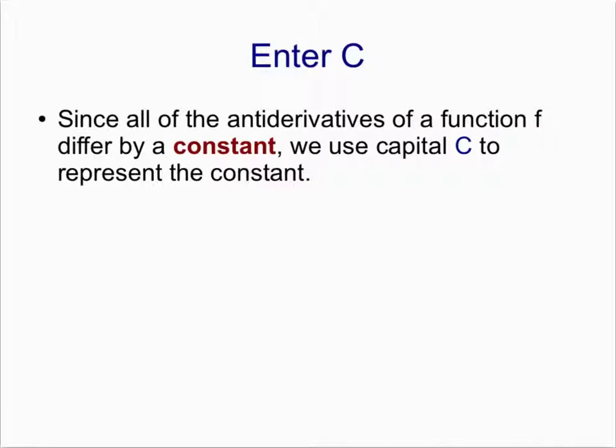So this is where the letter capital C comes in. Since all the antiderivatives of a function f differ by a constant, we're going to use capital C to represent that constant. So for our good friend 3x squared plus 2x, we would say that the antiderivative of 3x squared plus 2x would have this form.